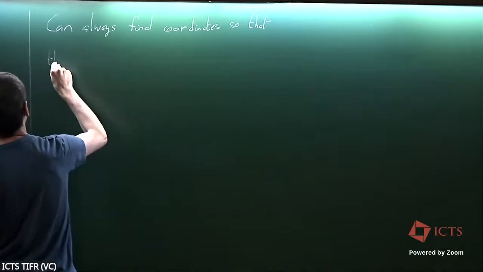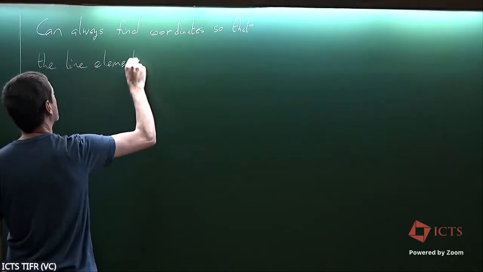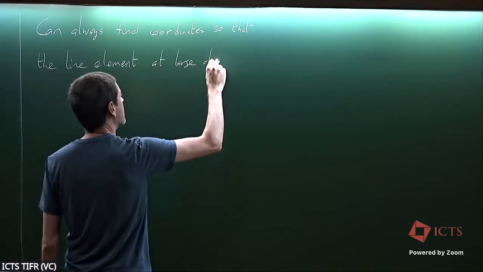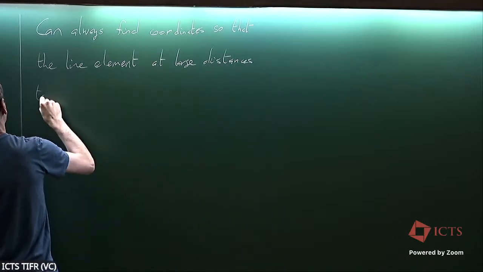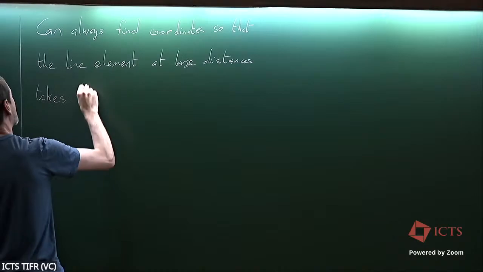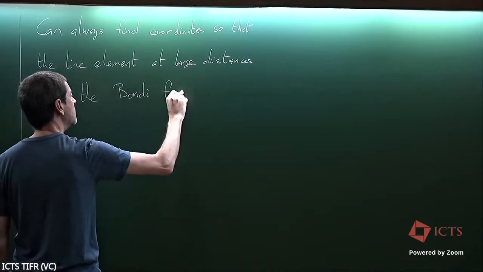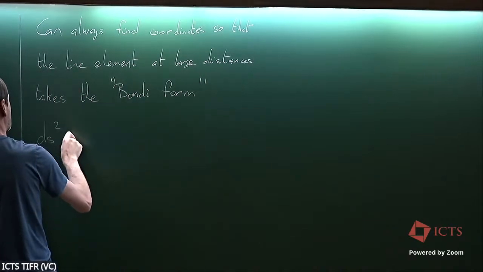The line element at large distances takes this form, the Bondi form. So this is ds squared.